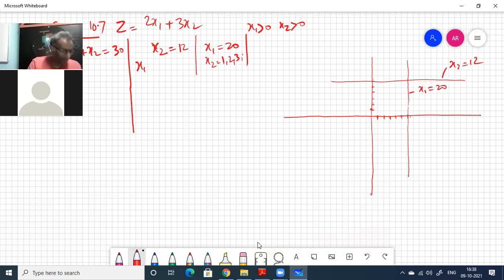These two lines. And then there is a third line which is a sloping line. If you put x1 equal to 0, x2 is equal to 30 comes. So 0 comma 30 is one point. Now if you put x2 equal to 0, x1 equal to 30 comes. So 30 comma 0 is the other point.